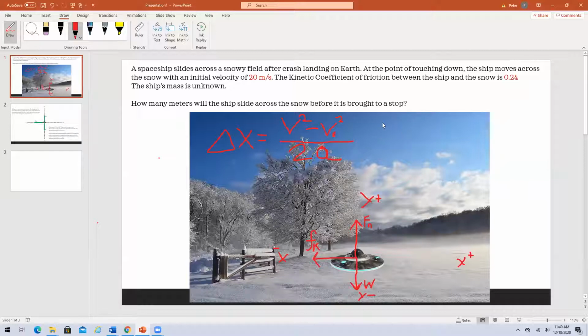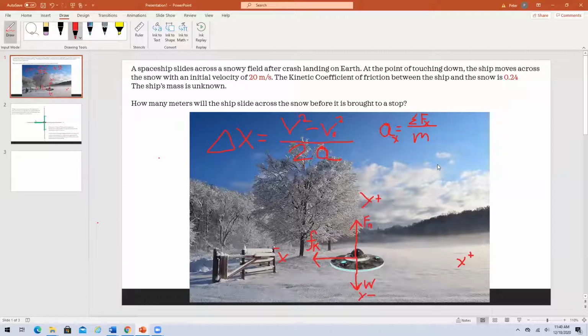So if the sum of all forces equals ma, then A would simply equal the sum of all forces divided by m. And I'll qualify this by putting it just in the x-axis. We're only working in the x-axis here. So acceleration in the x-axis will equal the sum of all forces in the x-axis divided by the mass, okay?